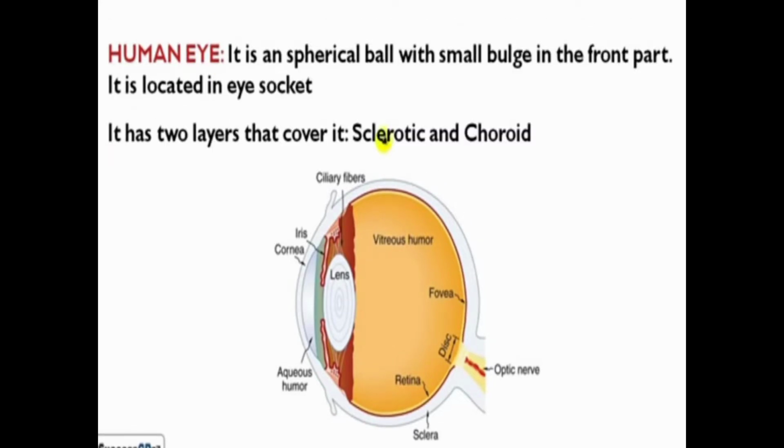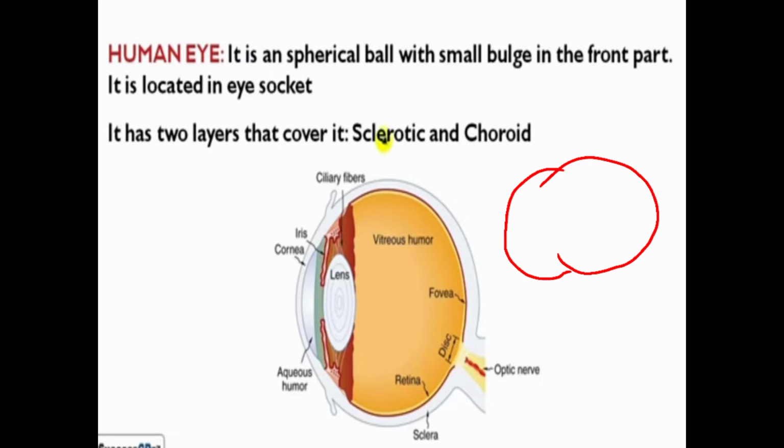The human eye is a spherical ball with a small bulge in the front part, and it is located in the eye socket. There is a socket present which is known as the eye socket, where our human eye is located.